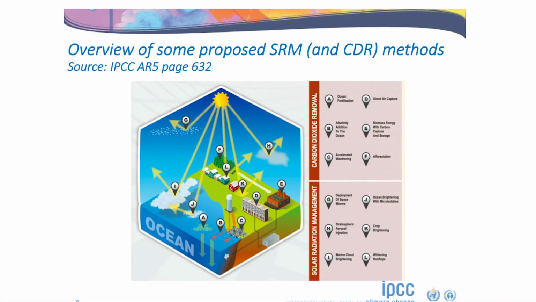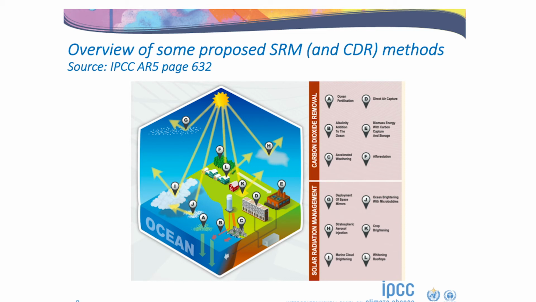This slide is a representation of some solar radiation modification methods, which are shown in the bottom box at the right of the figure. G, for instance, suggests placing reflectors in space in order to reflect solar radiation. In H, aerosols are injected in the stratosphere, as previously mentioned.